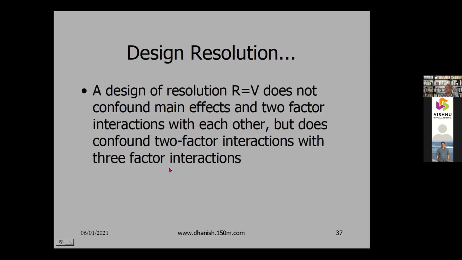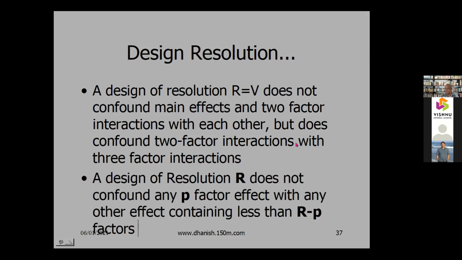That means 2 plus 3 is 5. So resolution 4 means 2 and 2 are confounded. Resolution 3 means 1 and 2 are confounded, so main effect and two-factor interactions are confounded. So in general, a design of resolution R does not confound any p-factor effect with any other effect containing less than R minus p factors.